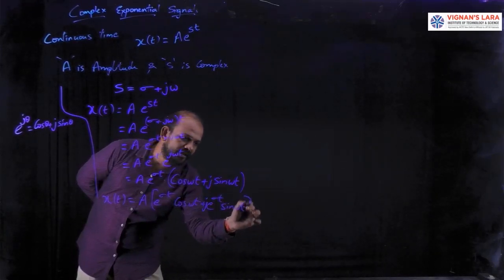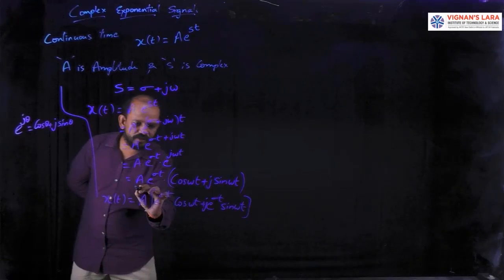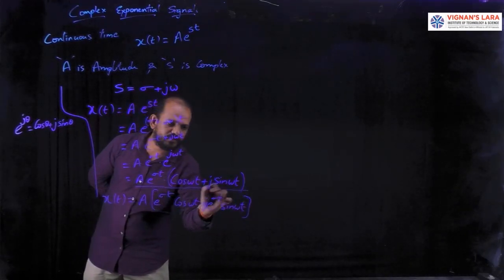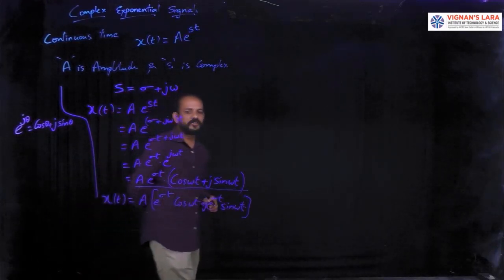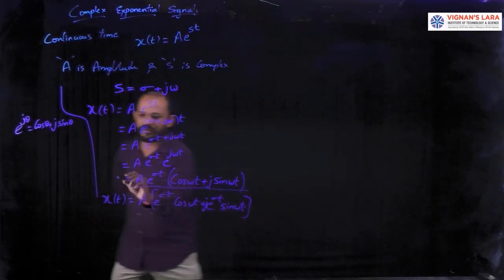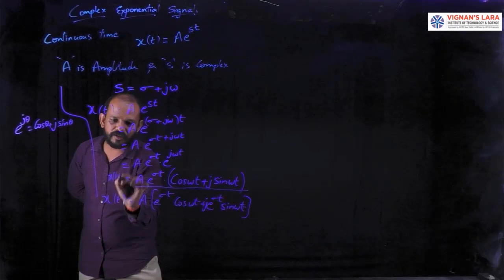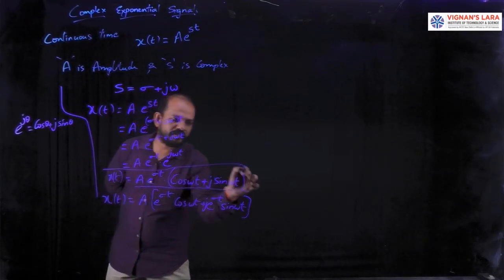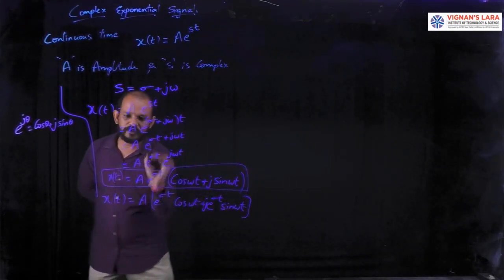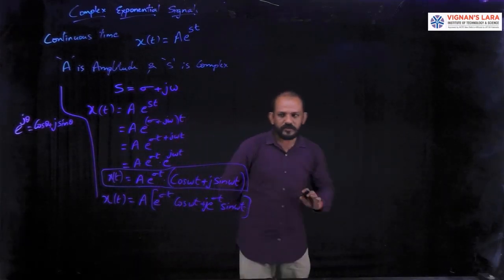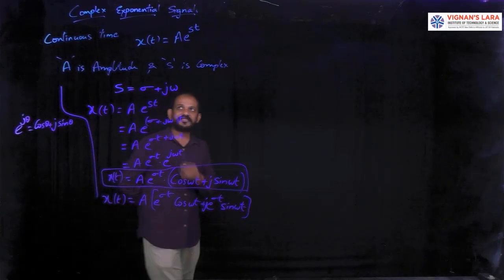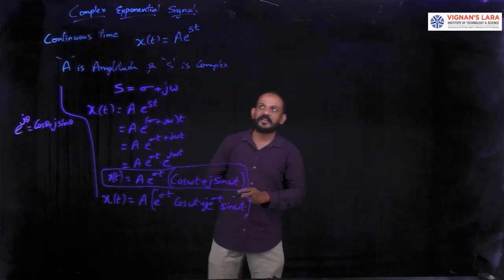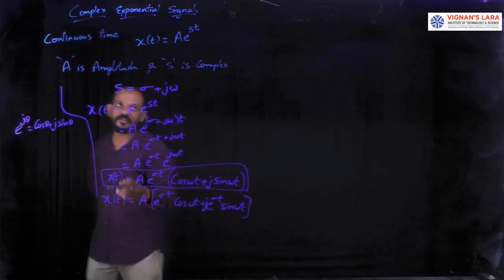You can write it like this, or leave it as A into e power sigma t into (cos omega t plus j sin omega t). This is our x of t. Now I got the equation for the continuous time complex exponential signal. So simple.